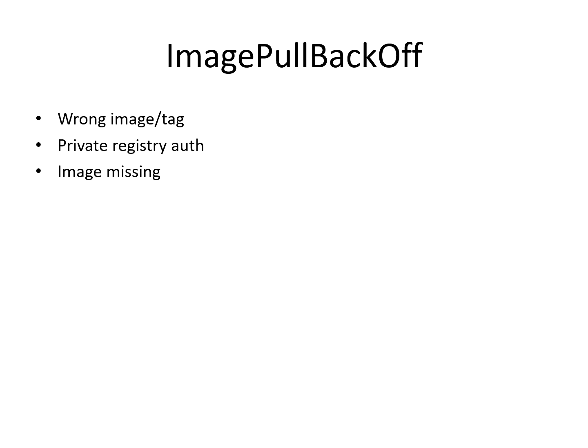The image name is not correct, the image tag is not correct, there is an authentication issue, or the image itself doesn't exist. Again, we'll use kubectl describe pod. The events section will usually display the exact image pull error.